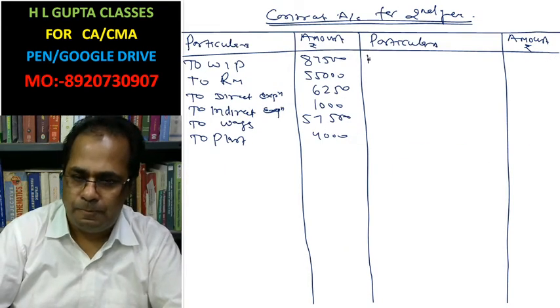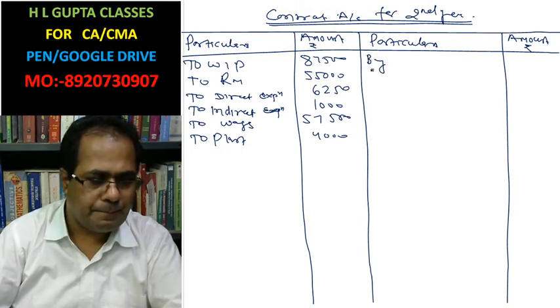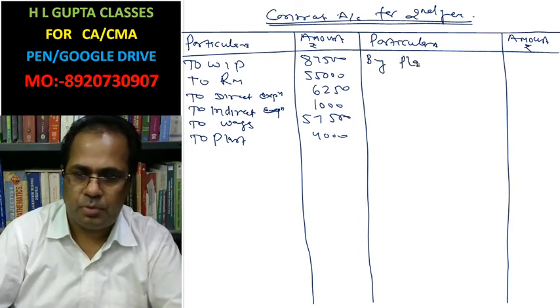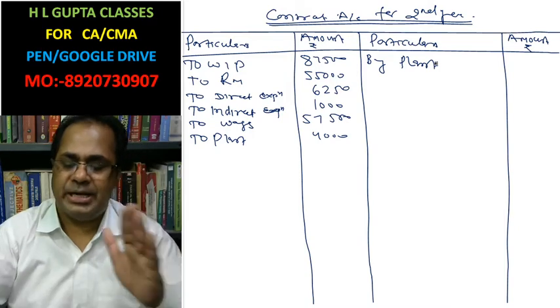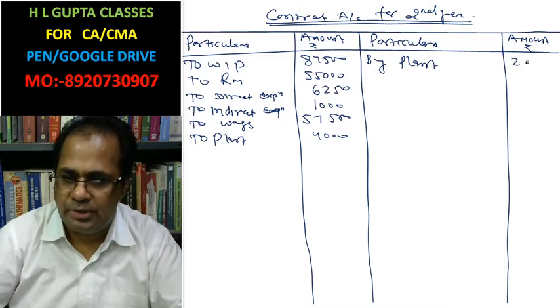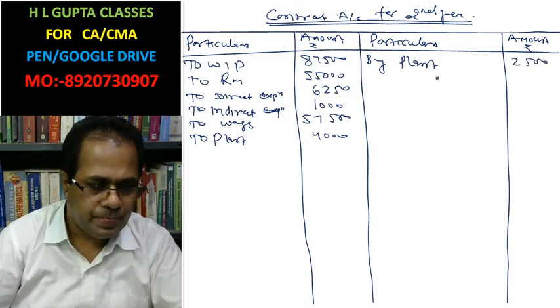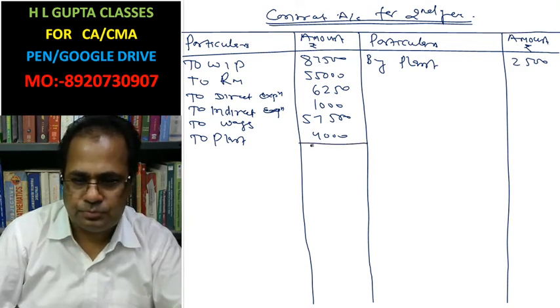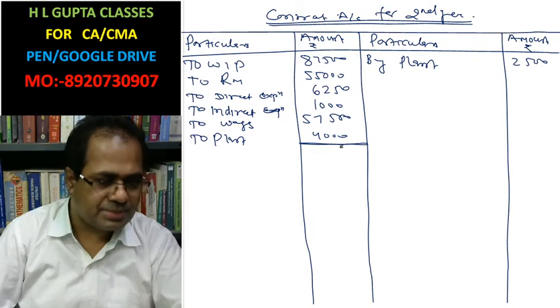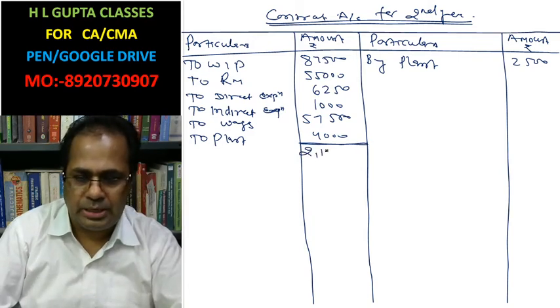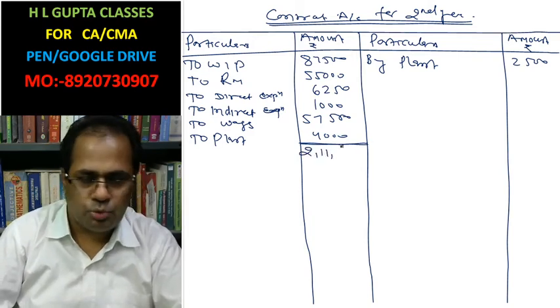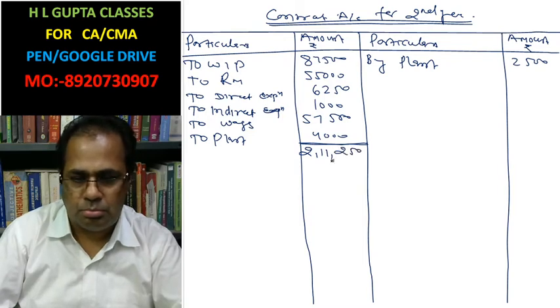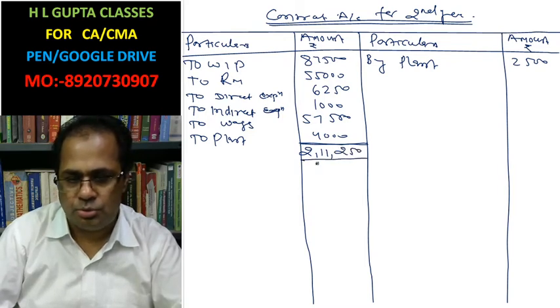Now by plant at the end of the second year 2,500. By cost of the contract to date, total expenditure up to here is 2,11,250.